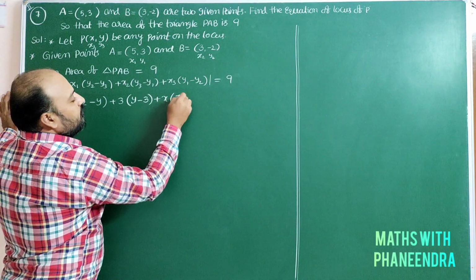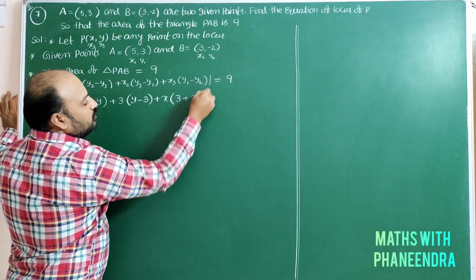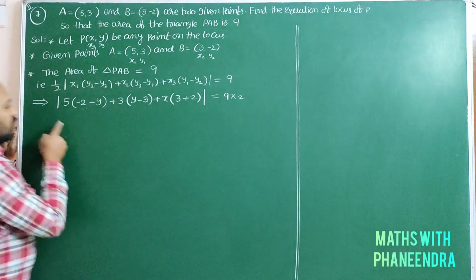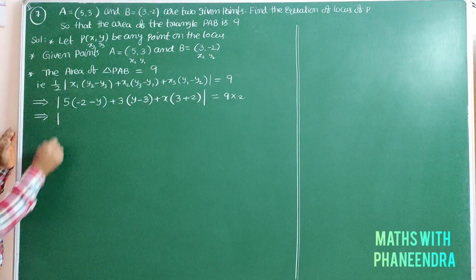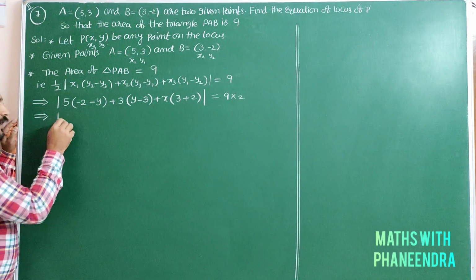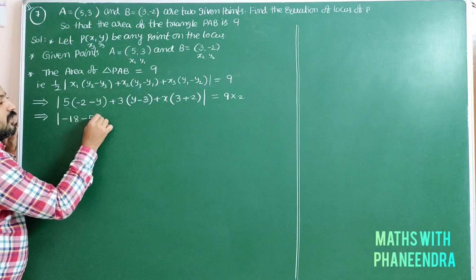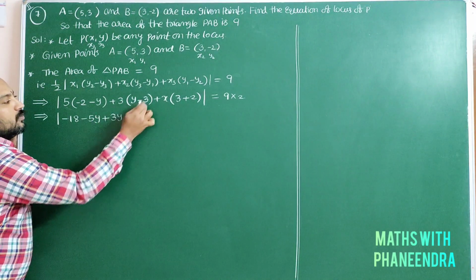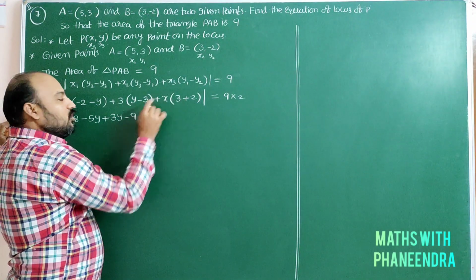So 3 minus of minus 2 plus 2 is equal to 9 into 2. Why? Because 2 we are taking this side. So that implies 5 into minus 2 minus y, 5 into minus y is minus 5y, 3 into y is 3y, 3 into minus 3 is minus 9, 3 plus 2 is 5, 5 into x is 5x.